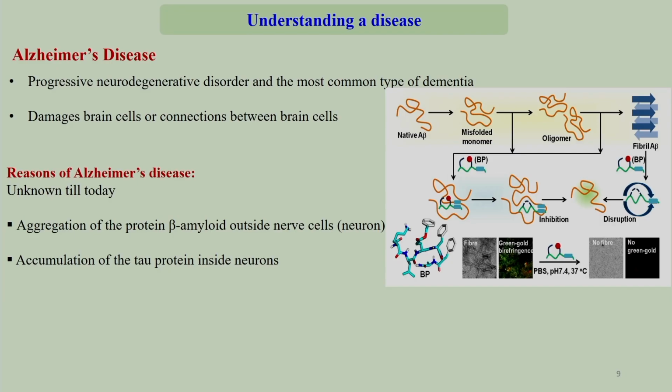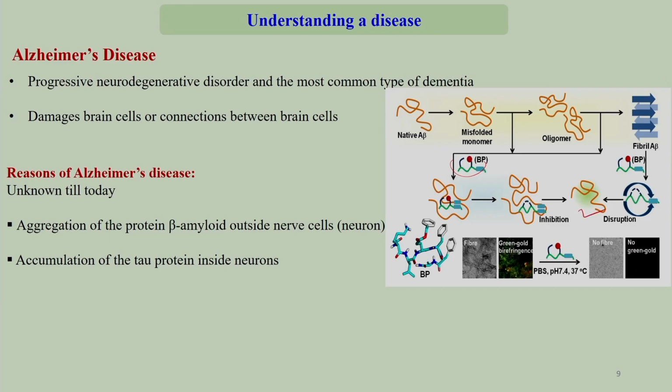Now, once you know this process, you can find out ways how to disrupt it. If we want to stop this aggregation, if we want to stop the fibril formation, for example, you use a molecule which gets into the folding, and then it does certain chemistry and does not allow it to aggregate.